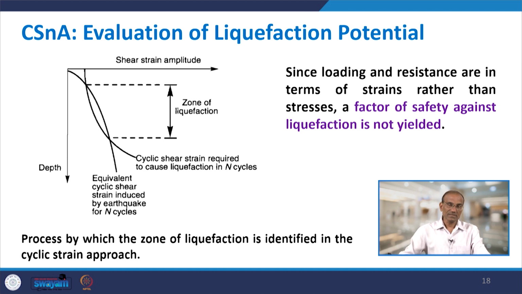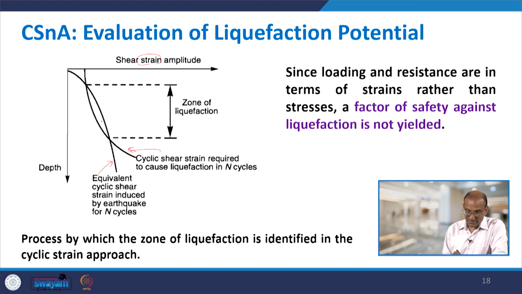What you have here, in this plot, is shear strain amplitude on the x axis with depth. In the cyclic stress approach, you have shear stress instead of strain; that is the only difference. Now, what you do? You have the equivalent cyclic shear strain induced by an earthquake magnitude, and on the other side you have the cyclic shear strain required to cause liquefaction.